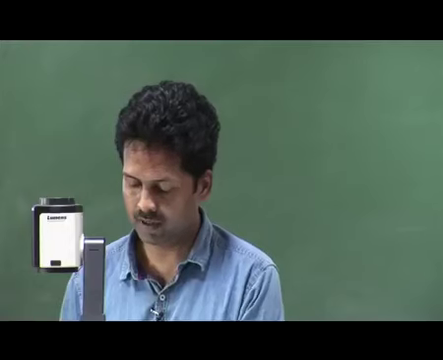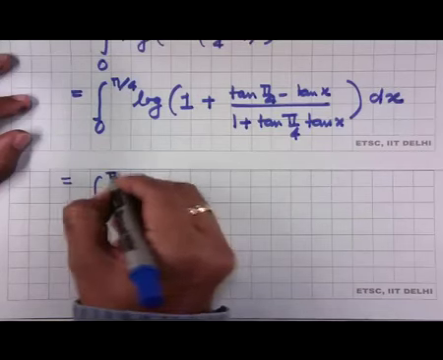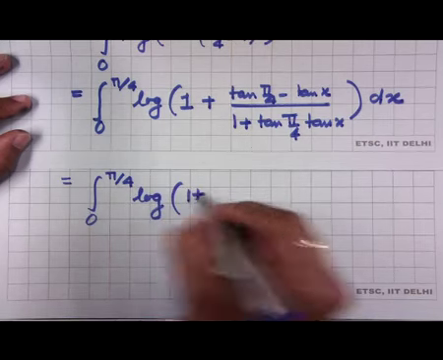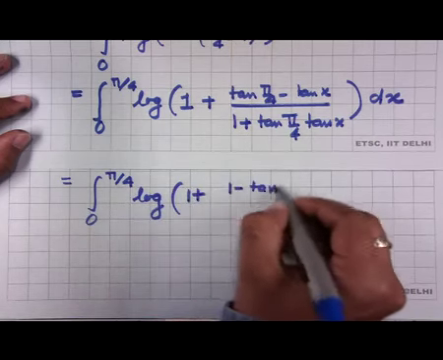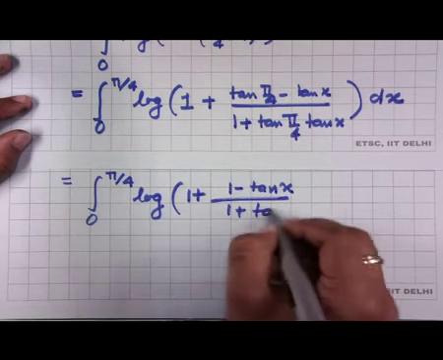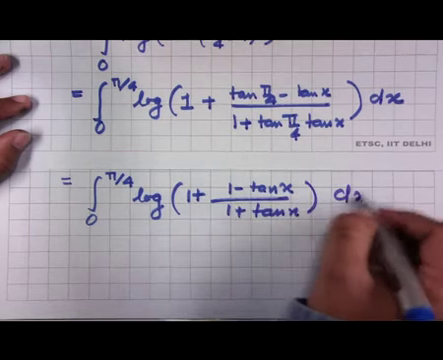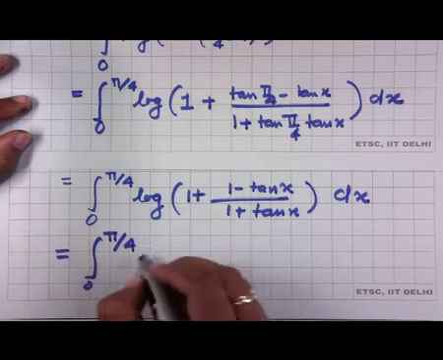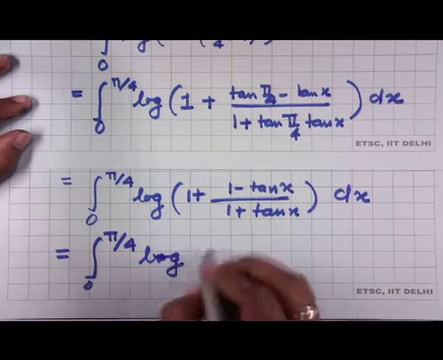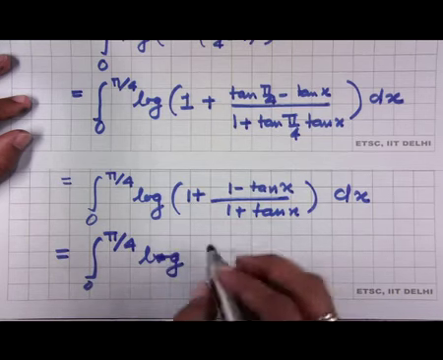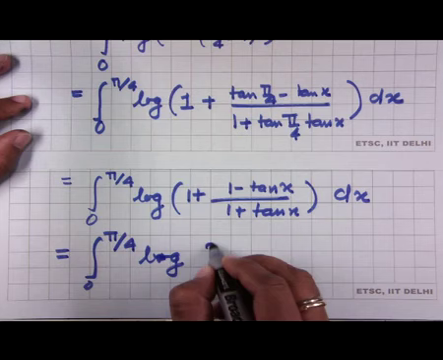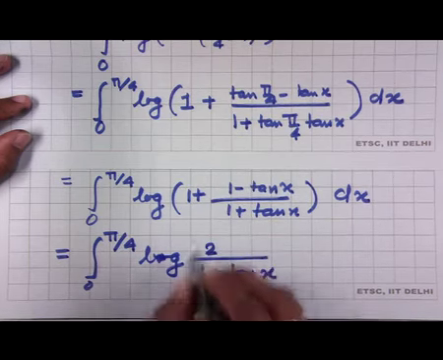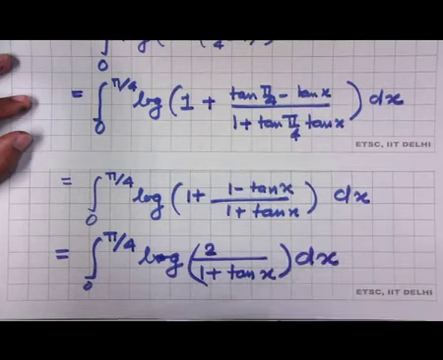So therefore we get 0 to pi by 4 log of 1 plus, 1 minus tan x upon 1 plus tan x dx, which is equal to 0 to pi by 4 log of, if you take LCM and add it, you get 2 by 1 plus tan x dx.